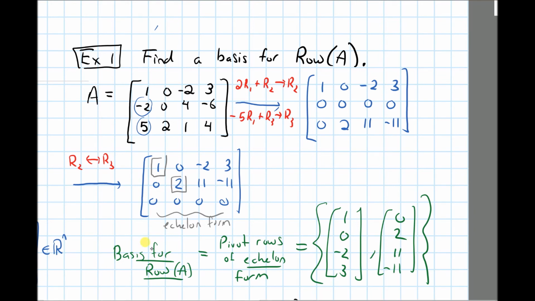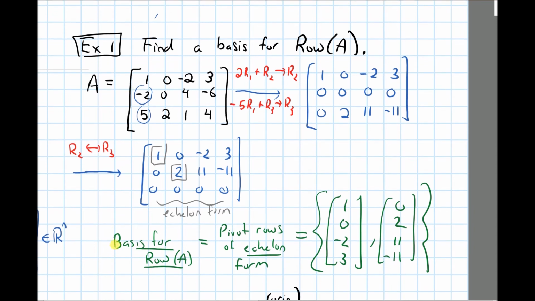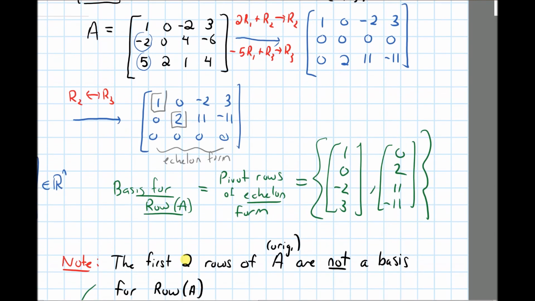I mentioned earlier that I would talk about why we can't just take the pivot rows in the original matrix. Why did we have to do it in this reduced form? If we look at the first 2 rows of my original matrix A, notice that they are definitely not going to be a basis for the row space of A. Can you see why?